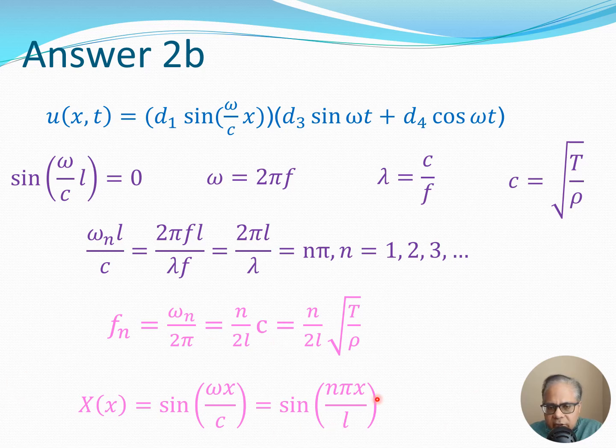So these are the harmonics. So depending on n is 1, 2, 3, 4, and so on, you can plot these mode shapes. These are again very important aspects of any vibratory system.